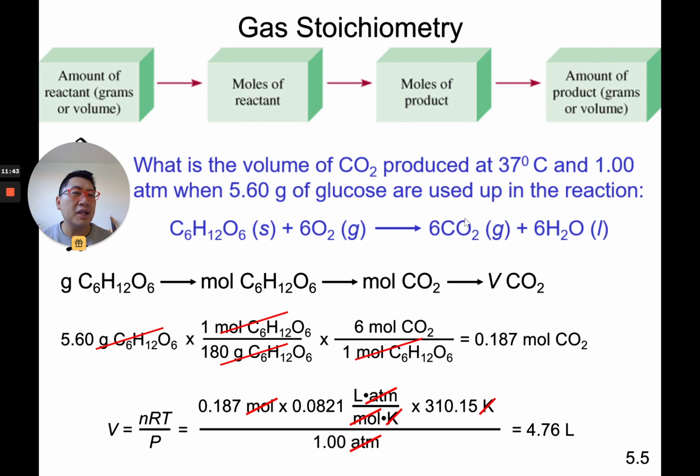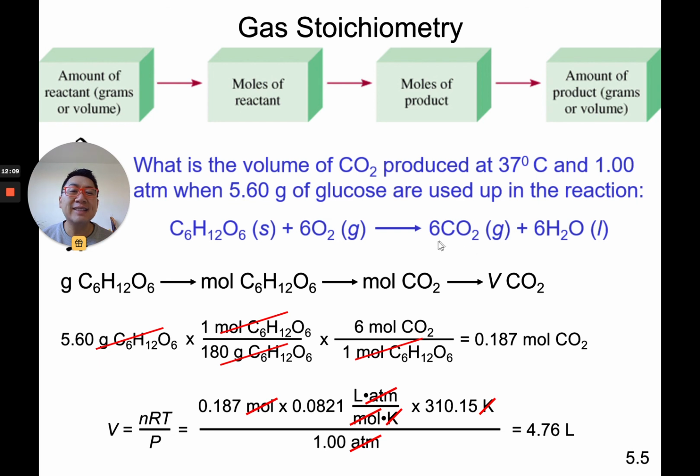And this is actually kind of a reaction that would happen inside you. Human body is about 37 degrees Celsius. We're at sea level. If you ate 5.6 grams of simple sugar, how much carbon dioxide could be produced in the reaction?